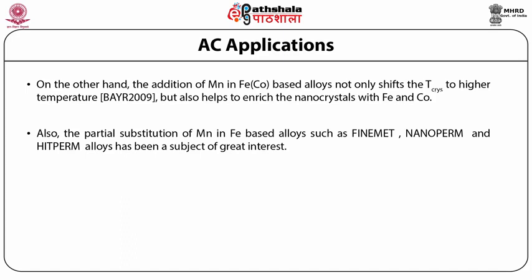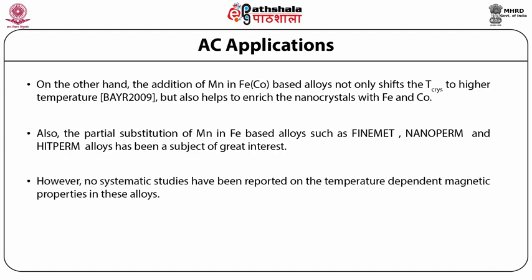Interestingly, the substitution of manganese in iron aluminum alloy powders prepared by mechanical alloying process reduces Hc considerably in contrast to the behavior observed in melt-spun ribbon alloys. However, no systematic studies have been reported on the temperature-dependent magnetic properties in these alloys.